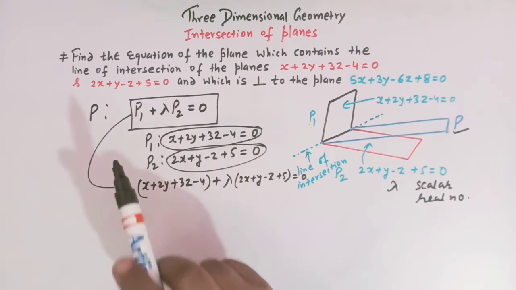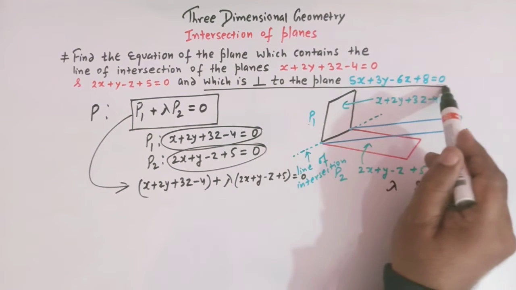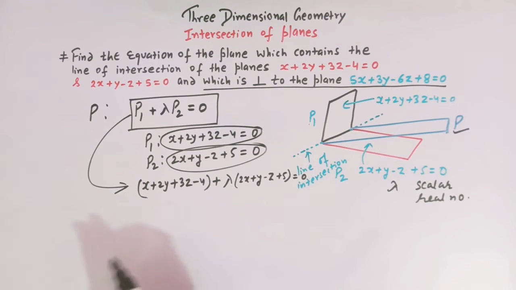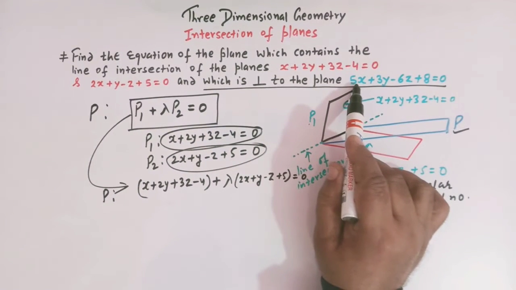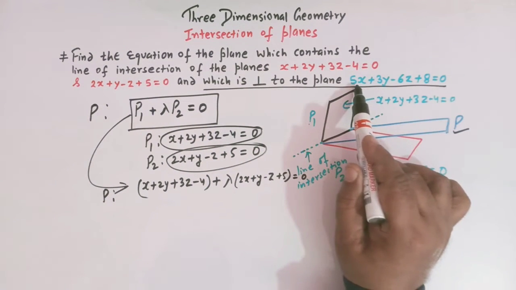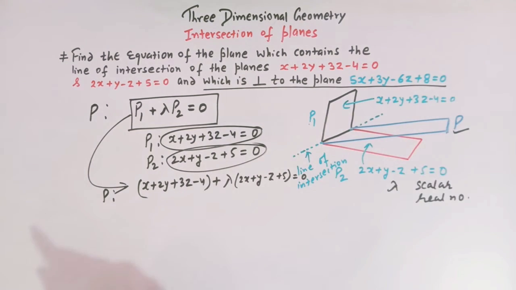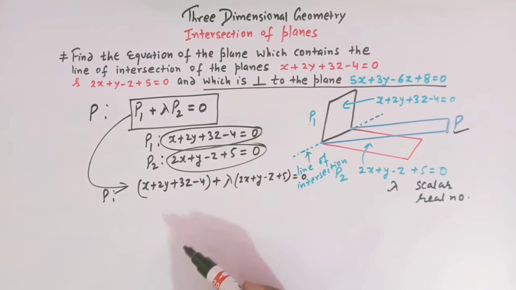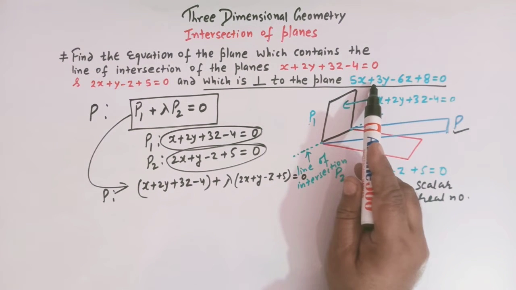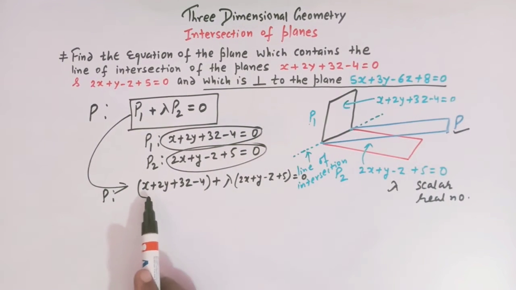And the other condition is given over here, because this plane P is perpendicular to this third plane, that is 5x plus 3y minus 6z plus 8 is equal to 0.